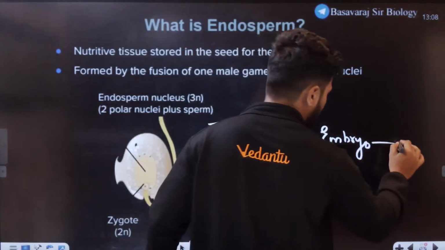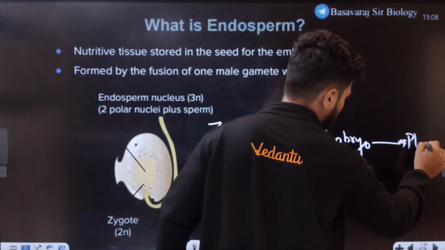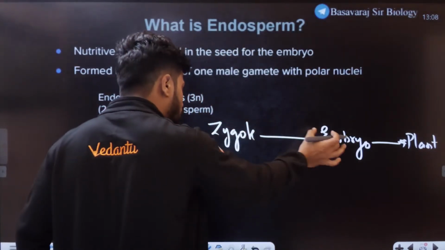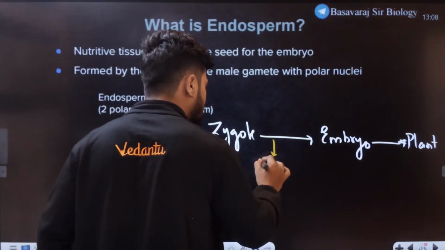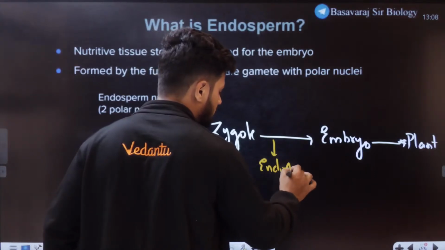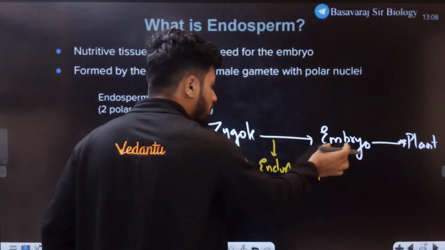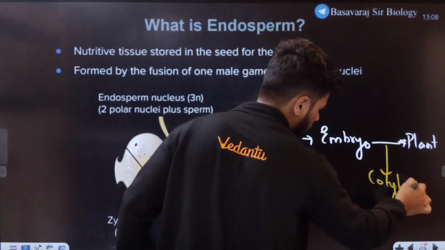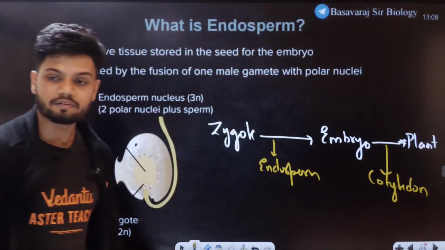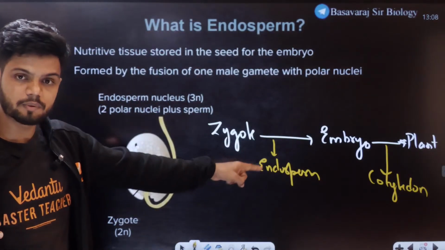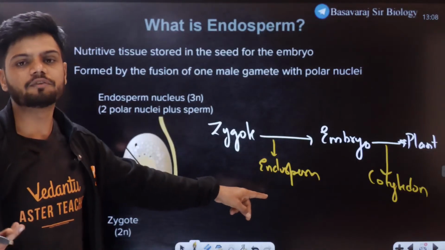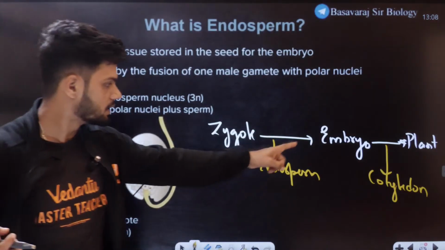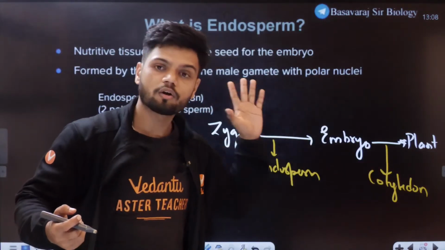Embryo will develop into the plant. In this journey, zygote to embryo, nutrition is given by the endosperm generally. Embryo to plant, nutrition is given by the cotyledon. So both of them have a very crucial role. Endosperm, cotyledon. The location might be different when they are helping out. Okay, zygote to embryo is endosperm. Embryo to plant is cotyledon.